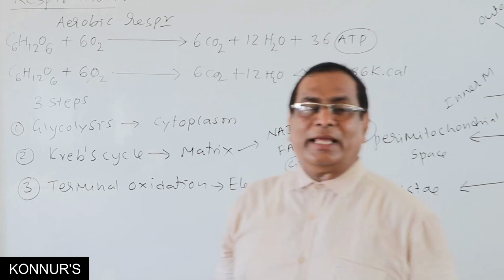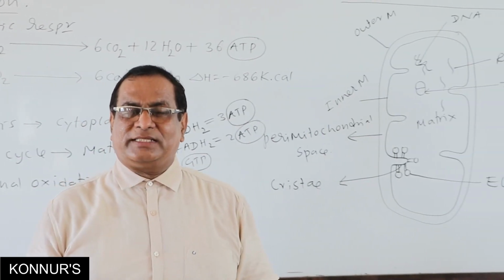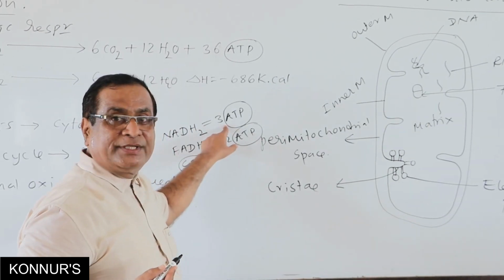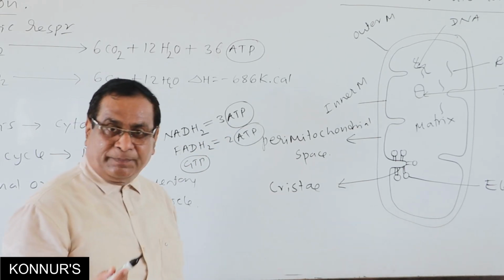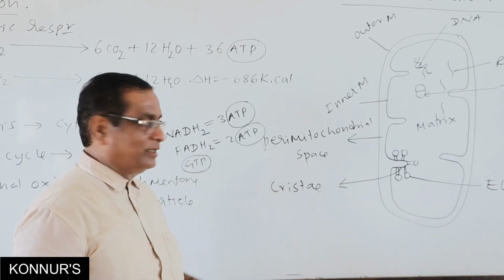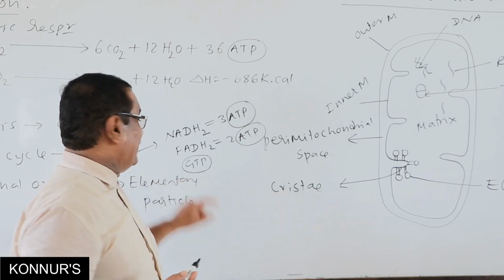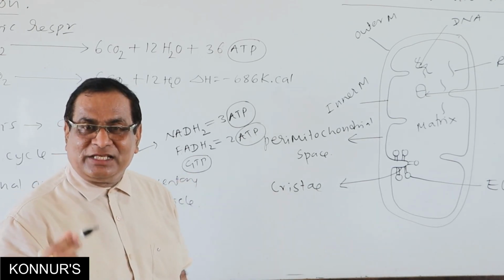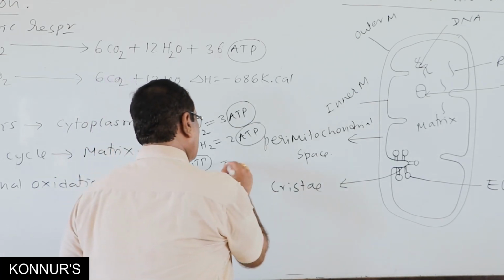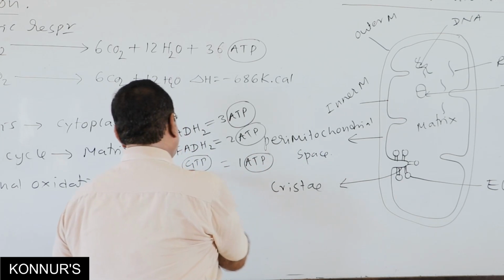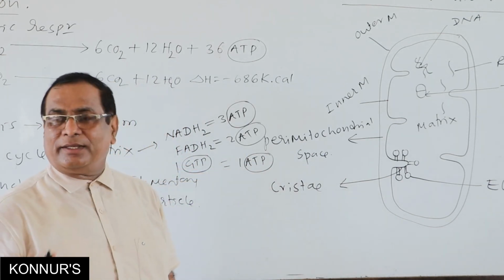The energy present in NADH2 is 3 ATPs. The energy present in FADH2 is 2 ATPs. The energy present in GTP is 1 ATP; 1 GTP is equal to 1 ATP.